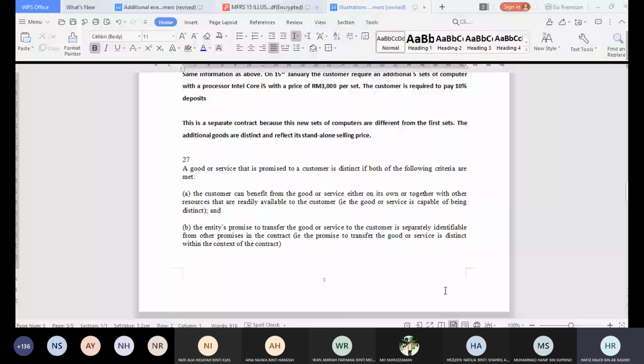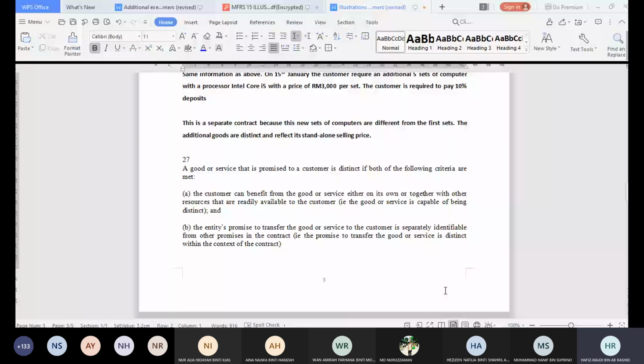It doesn't require other goods or services to be provided. When it is delivered, it can be used on its own, or the customer who ordered that good can use it with other available resources in the company.